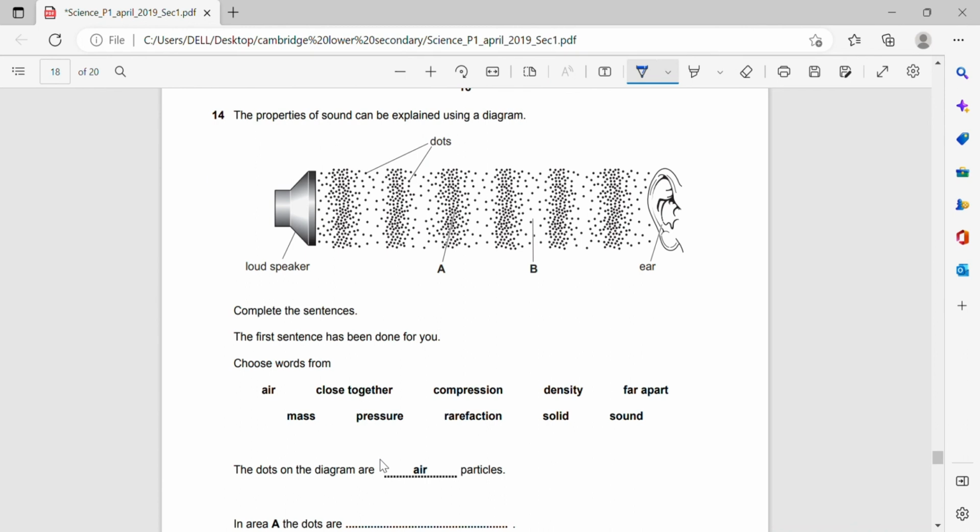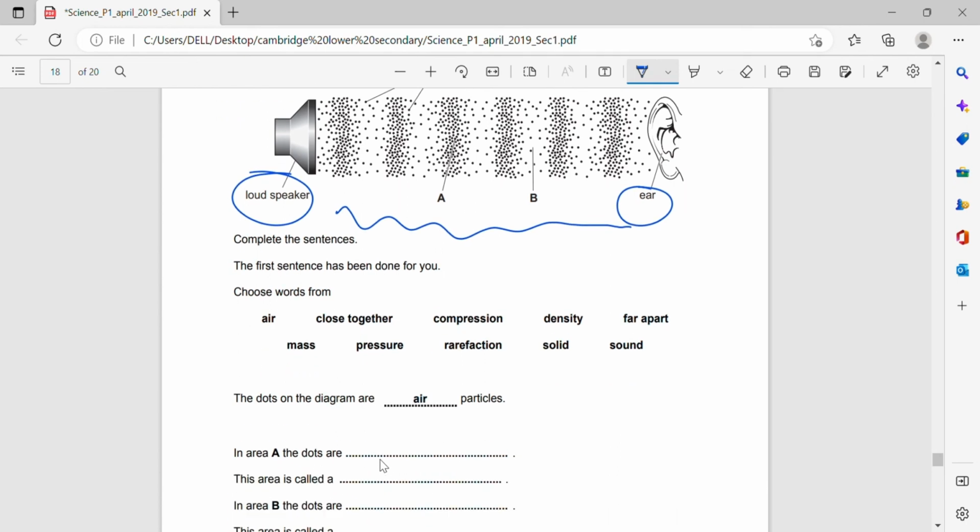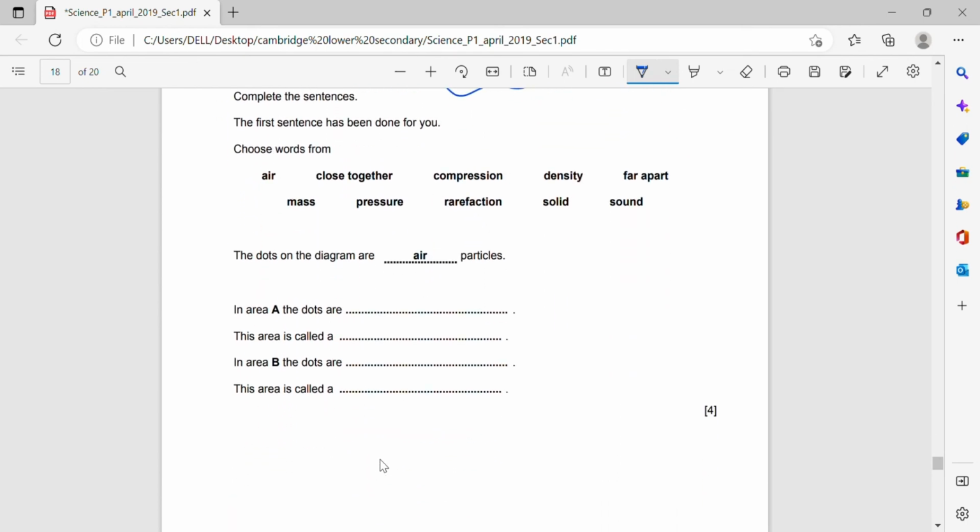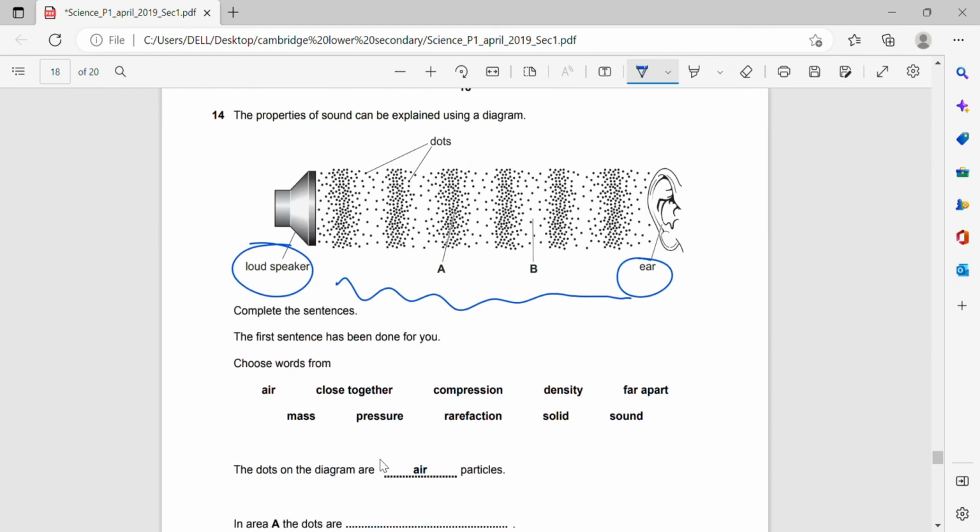I have the loudspeaker and here is A, ear, and here there is vibration of air particles. Choose words from: air, close together, compression, density, far apart, sound, solid, rarefaction, pressure and mass. The dots on the diagram are what? As we just said, air particles. It's already done for you.